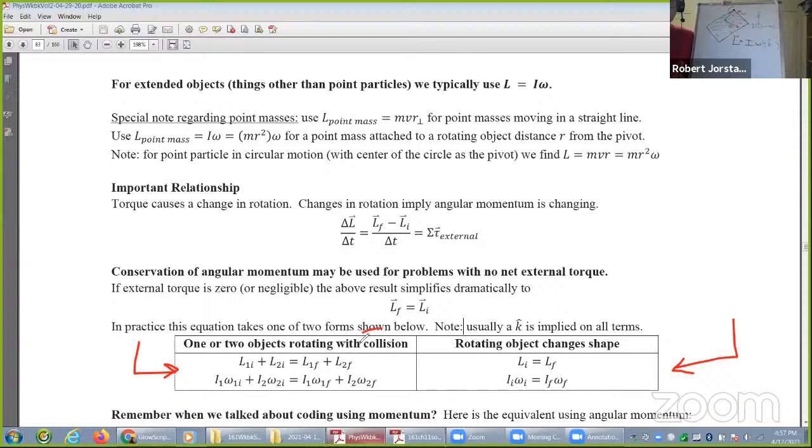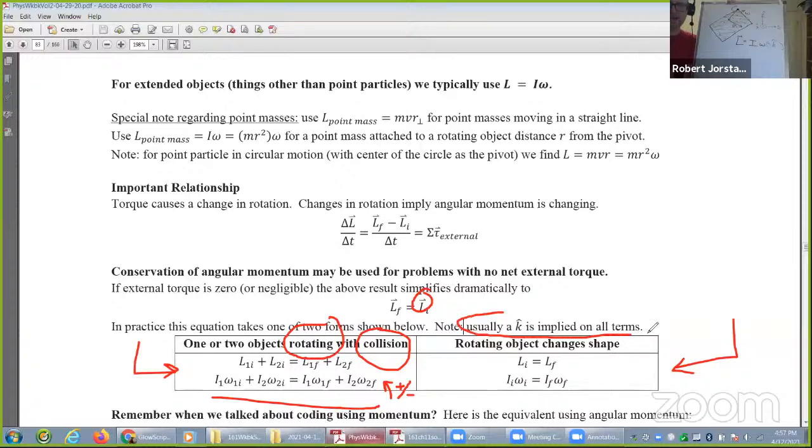If you have a collision where two objects hit and there's some rotation involved, you could do this type of problem. The initial angular momentum equals the final angular momentum. However, keep in mind, you have to think about the plus or minus signs on all of these because technically it's a vector, right? There's usually an implied k-hat on all terms.